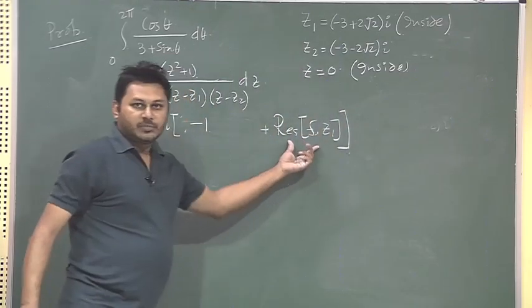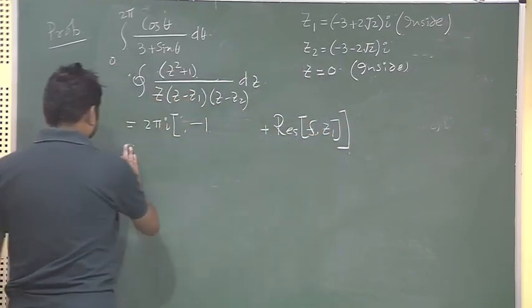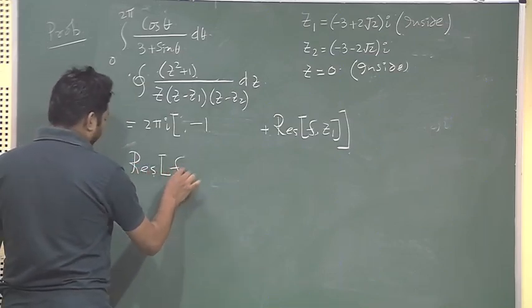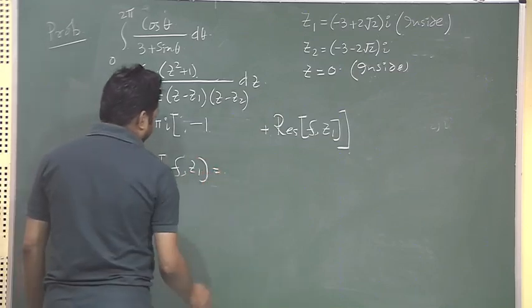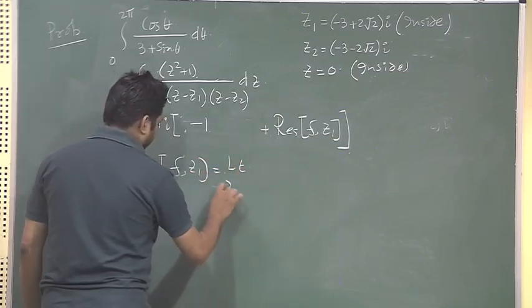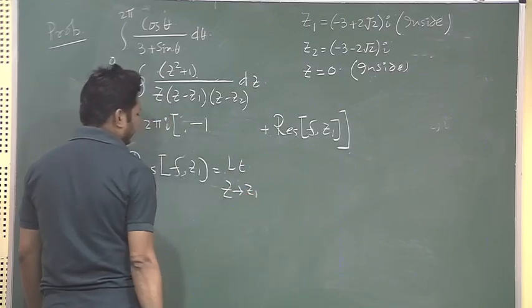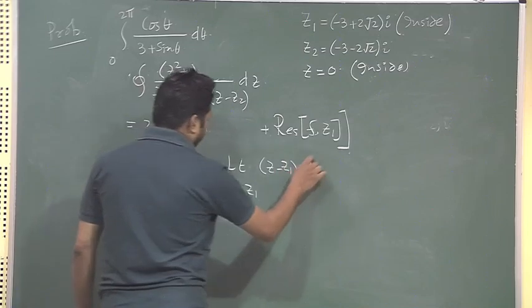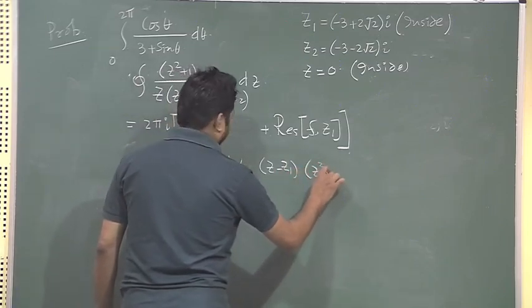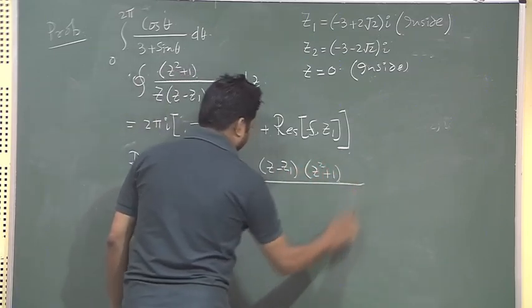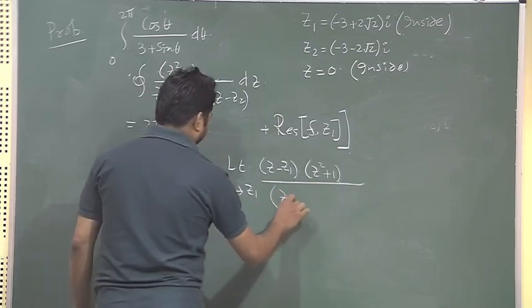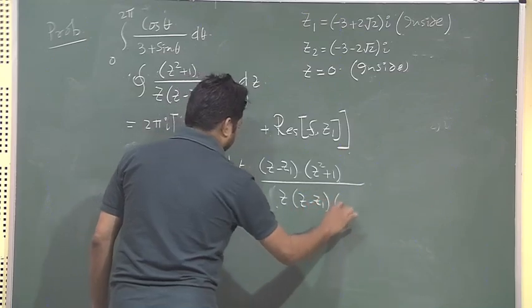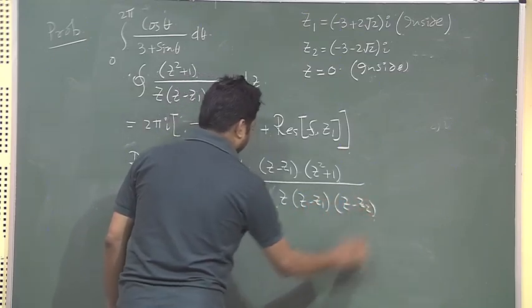So, residue of this function at z1. The residue of the function at z1 is the limit z tends to z1, z minus z1 into z square plus 1 divided by z into z minus z1 into z minus z2.